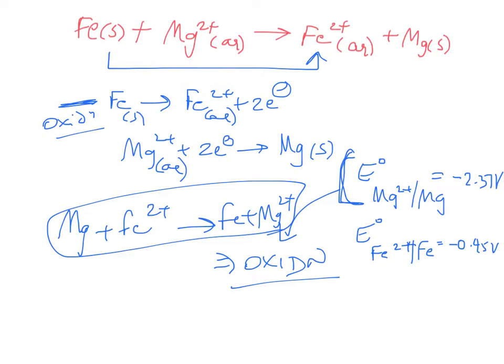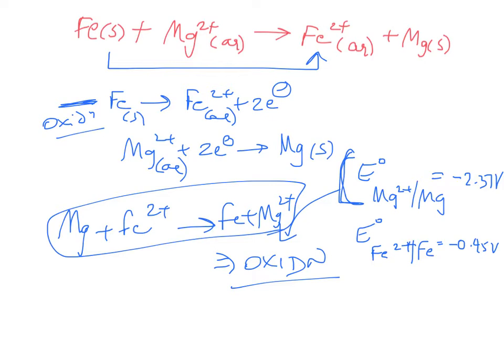Based on this idea, hopefully you can see that you would also be able to predict whether a certain metal will dissolve in an acid. Of course, a lot of metals do, but only those metals, you can envision, that are more reactive than hydrogen will allow the reduction of H+ ions into hydrogen gas.